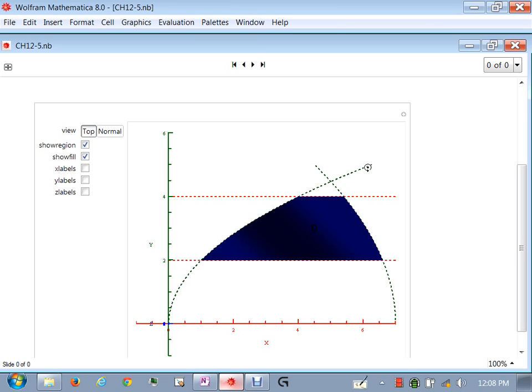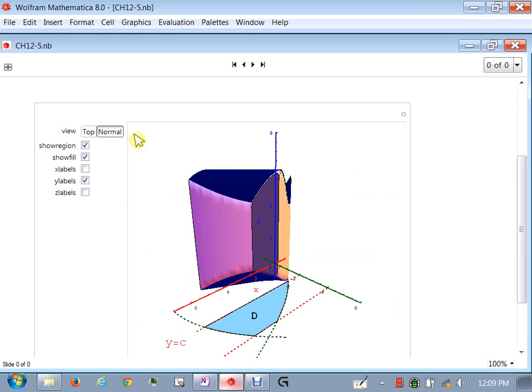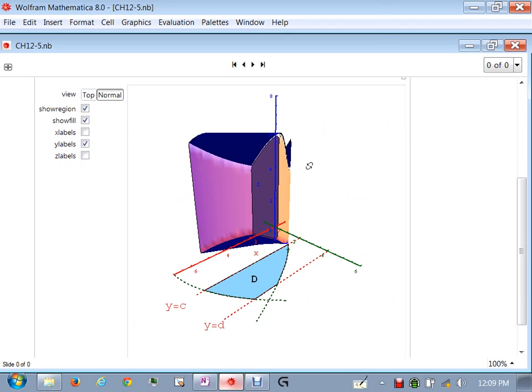That's a type 2 region from double integrals. Here's my x-axis, here's my y-axis. The y's are between two constants. My x's are between two functions of y, instead of two functions of x. And then my z's are still trapped between two surfaces that are both functions of x and y.